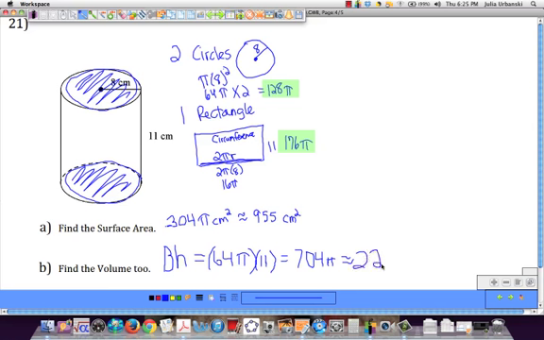Sorry, I have to use the mouse for writing down here. 2211.7, and you would call that centimeters to the third. Sorry about the writing here.